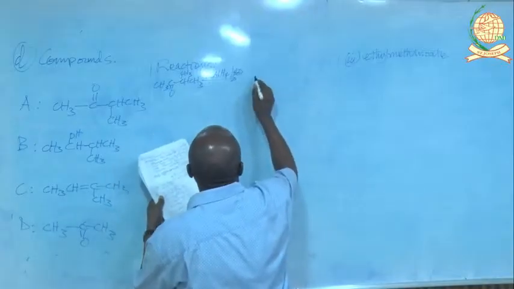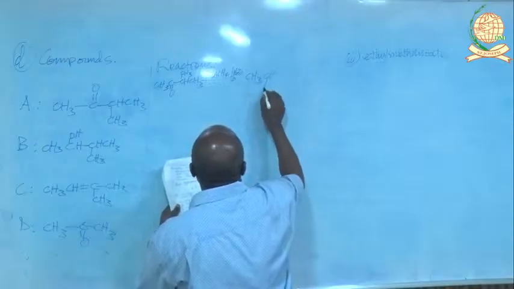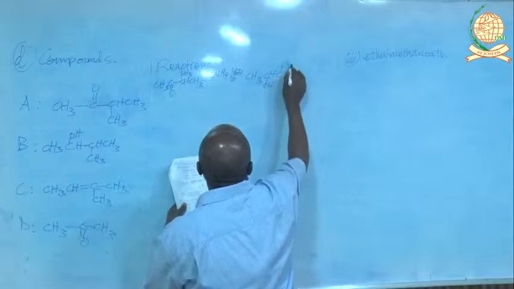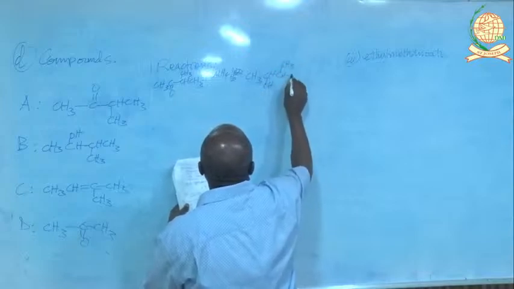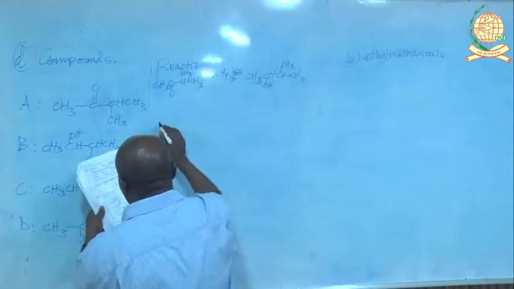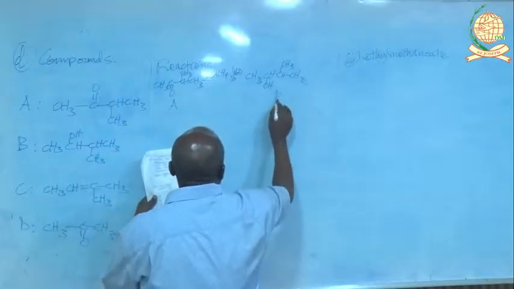Then you'll get CH3, CH, OH, CH3, CH3. So this is a reaction. So this is A, this is B.